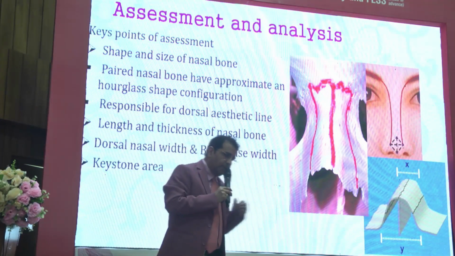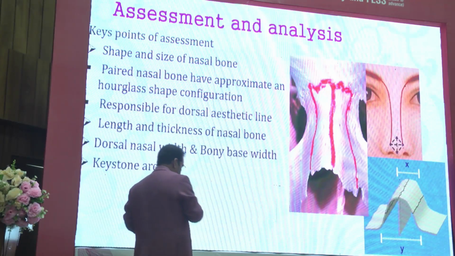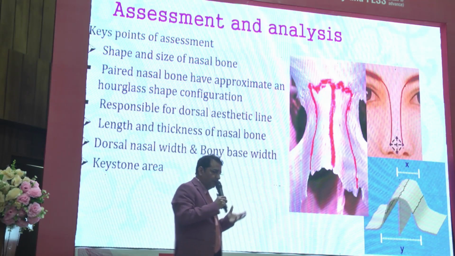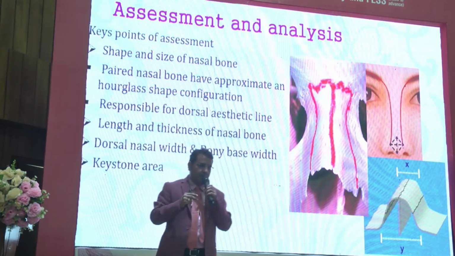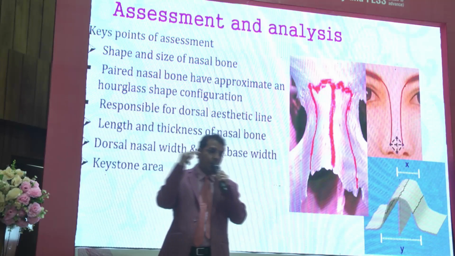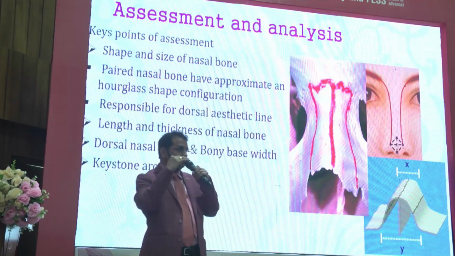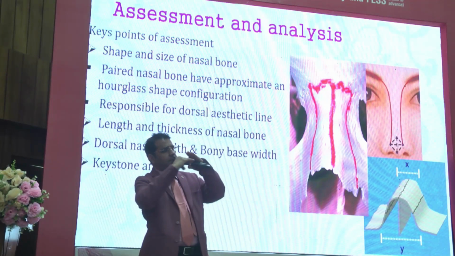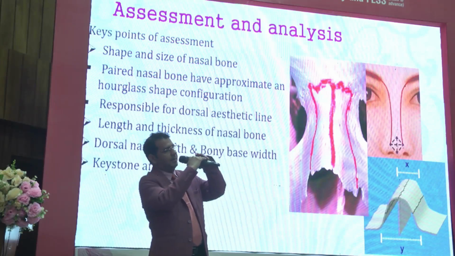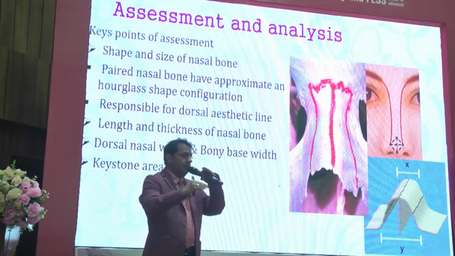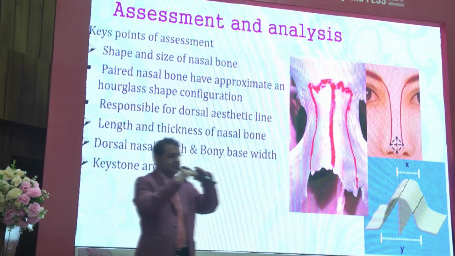Another important thing is the keystone area. I think everyone knows what the keystone area is. In the keystone area, there is an overlapping of the distal part of the nasal bone and the upper lateral cartilage. Whenever we do the cadaver demonstration, you can see this overlapping very well.